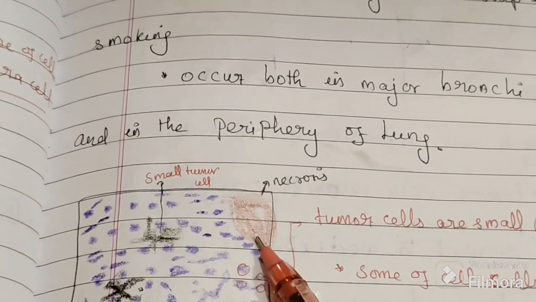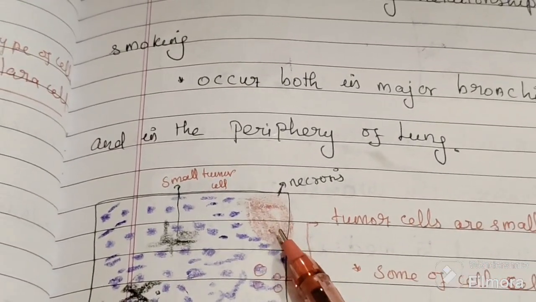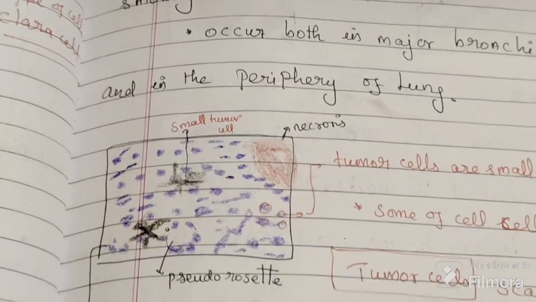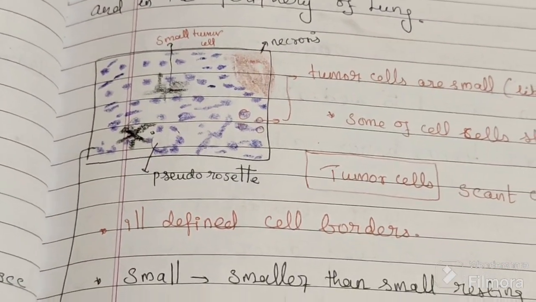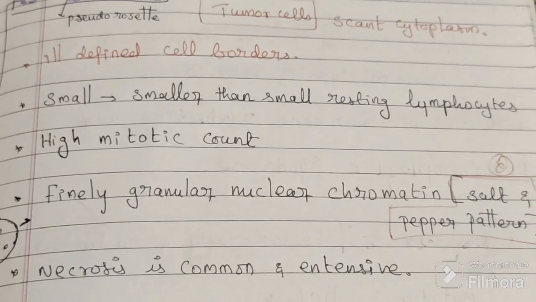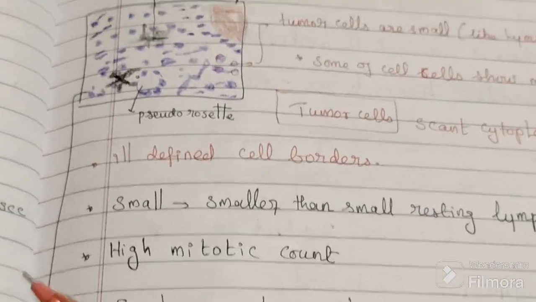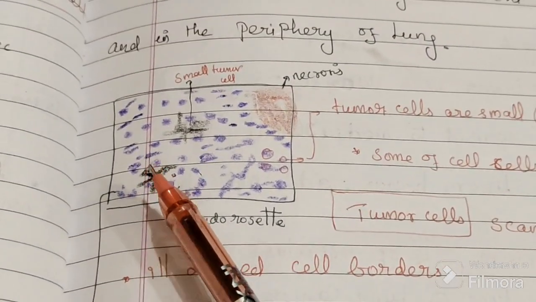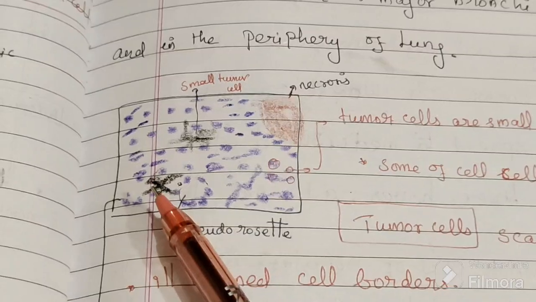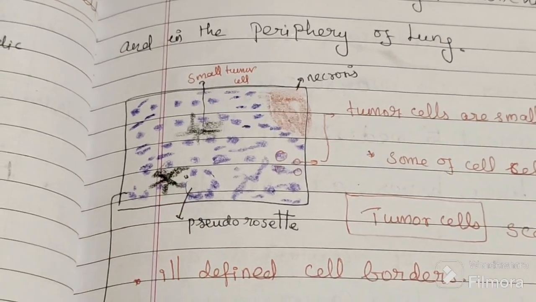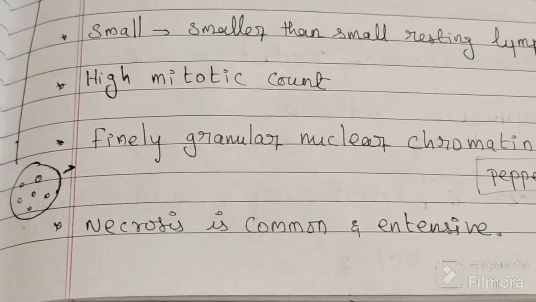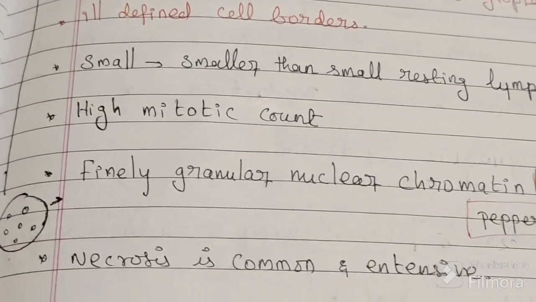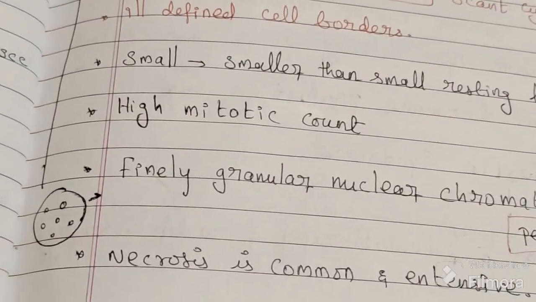Here necrosis is also predominant. If we zoom in on the tumor cell, we can see the nucleus of the tumor cells.